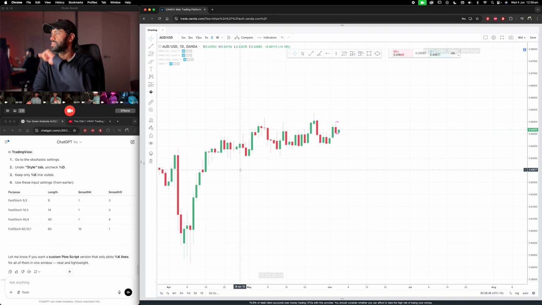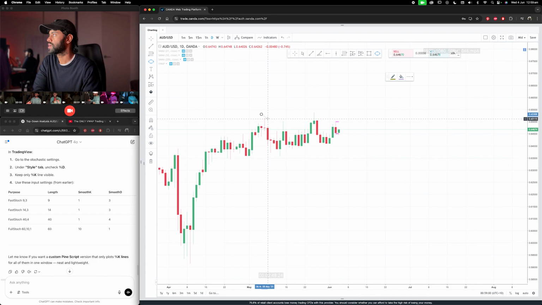But as you can see, the trend is forming new higher lows, and it's forming fairly new higher highs. I'll just point it out. It's a high here. As you can see, this high is lower than this one, so it's forming new higher highs.